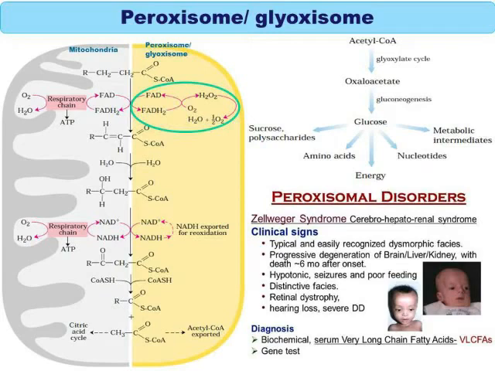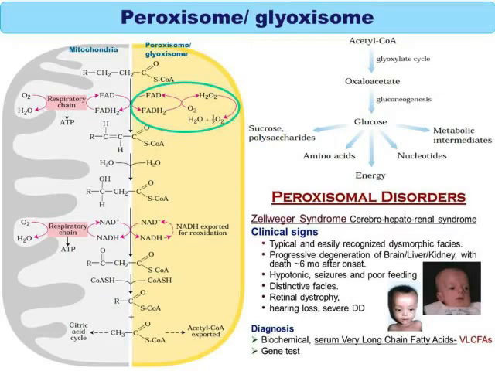Then, like beta oxidation within the mitochondria, delta 2 trans enoyl CoA hydratase catalyzes the hydration to produce 3-hydroxyacyl CoA, which is again dehydrogenated by 3-hydroxyacyl CoA dehydrogenase to form 3-ketoacyl CoA. Here NAD plus also acts as electron acceptor and NADH is produced.